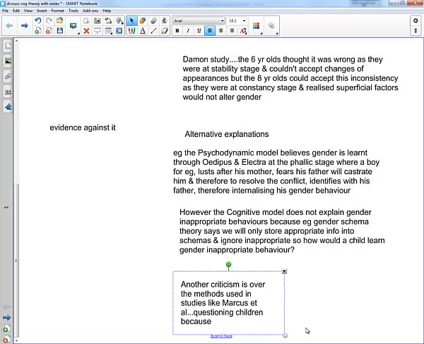The criticism is it's not really testing what they think they're testing. Validity is accuracy. They think they're testing how old the child is before they've got a good concept of gender constancy. Other people are saying no, they were testing the child's ability to suss out what question you were asking. That's a very different thing.